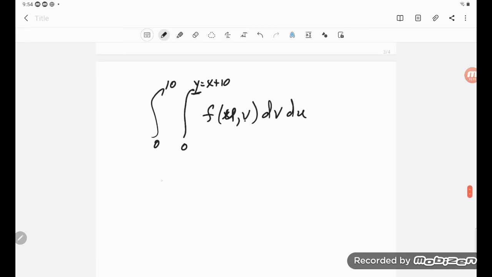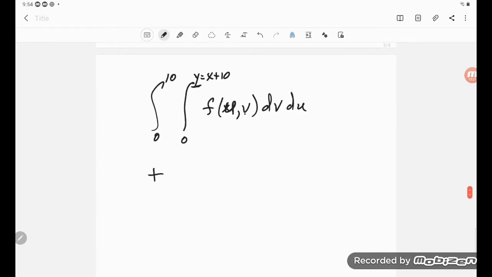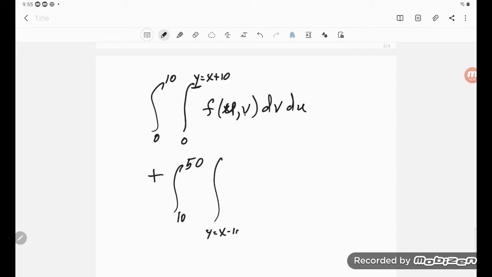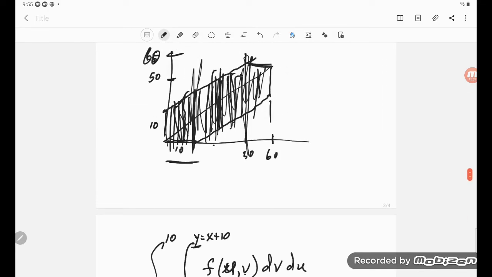Now in this next portion, if we slice it up, we go from 10 to 50 on the x-axis. And y goes from y equal x minus 10 to x plus 10. That's f of u and v, dv du. We're just slicing along here and asking what y does on each slice.